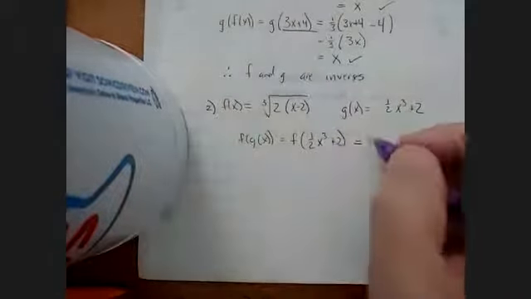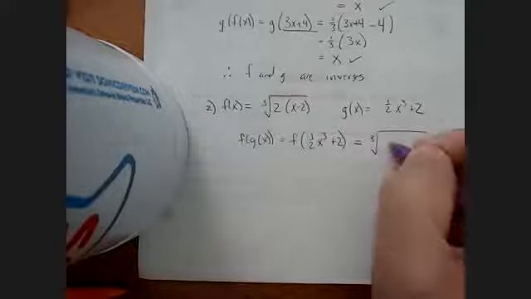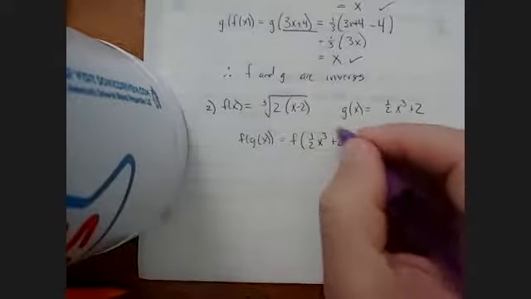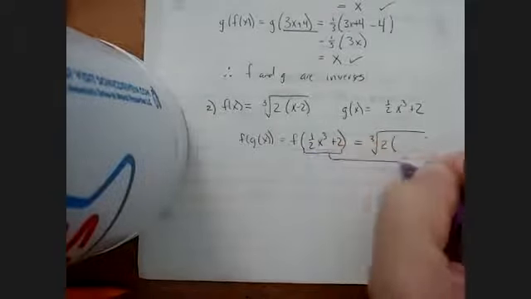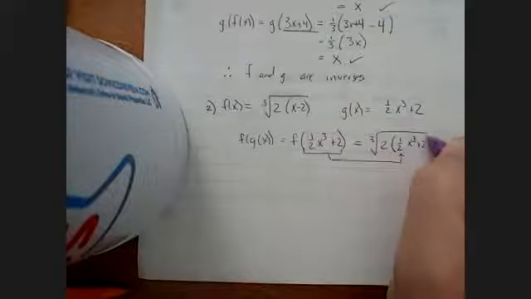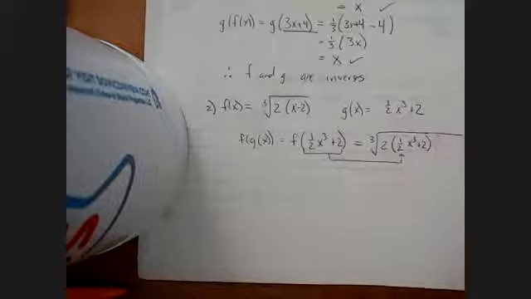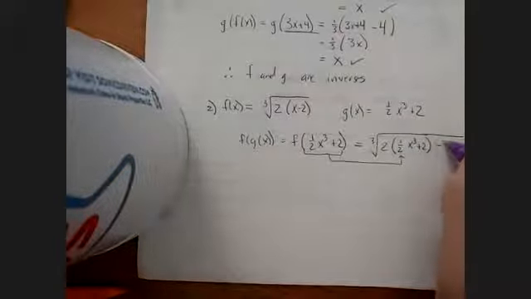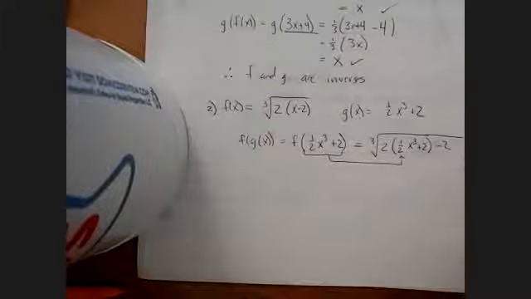Now I'm going to look at the f function, and in place of x, I'm going to put all of this stuff, because that's what g is. That's now the input to the f function. Two times all that minus 2.